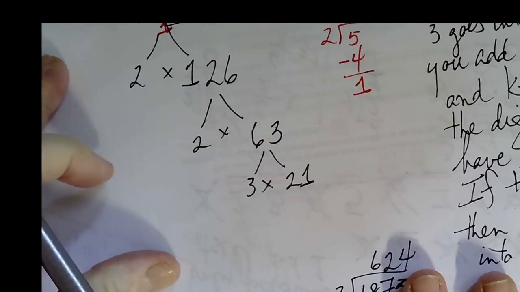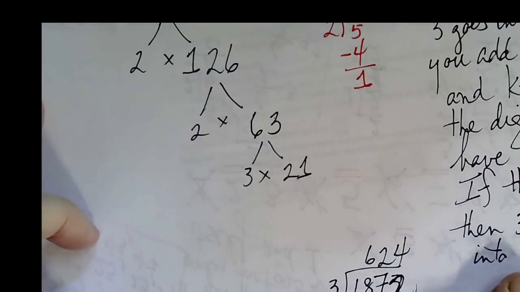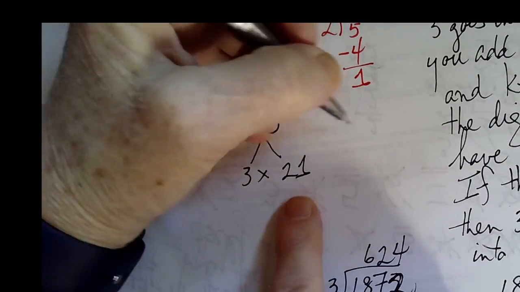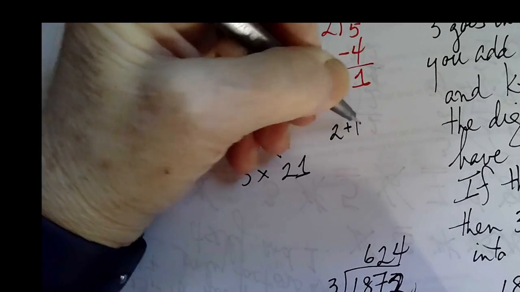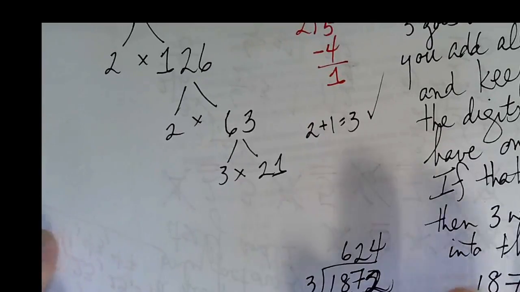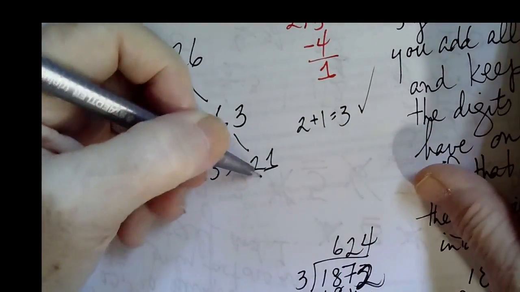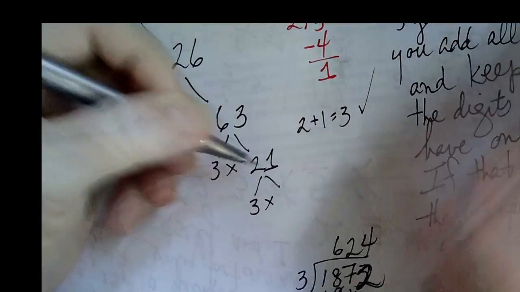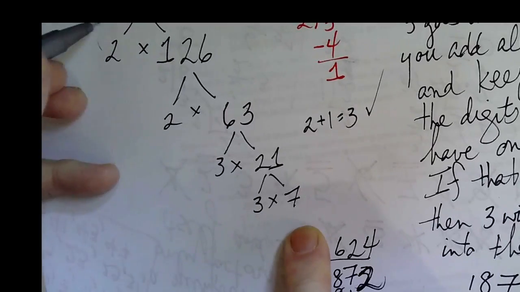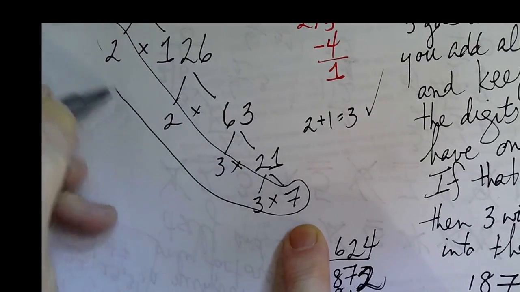Yay! And let's pretend we don't know our multiplication tables, and we don't know that 3 goes into 21. If I add 2 plus 1, I get 3, and 3 is one of the happy numbers, 3, 6, or 9. And we all know that 21 is 3 times 7, and 7 is prime. So we've gone all the way to prime numbers.